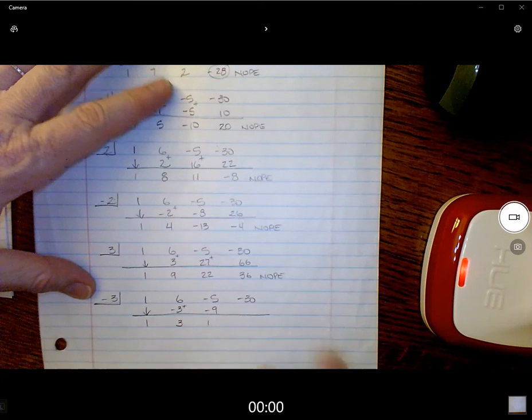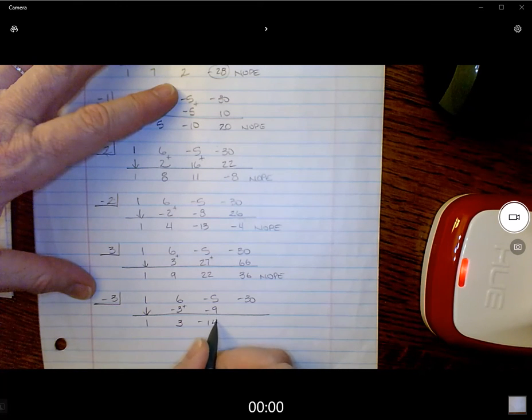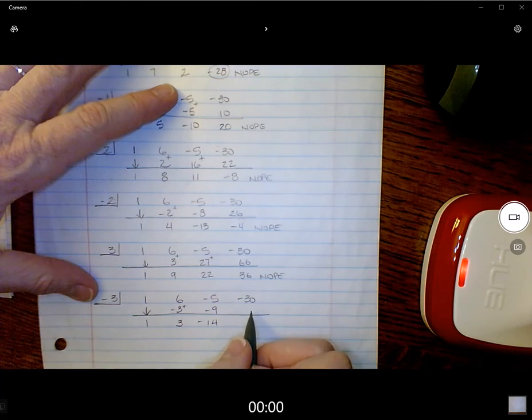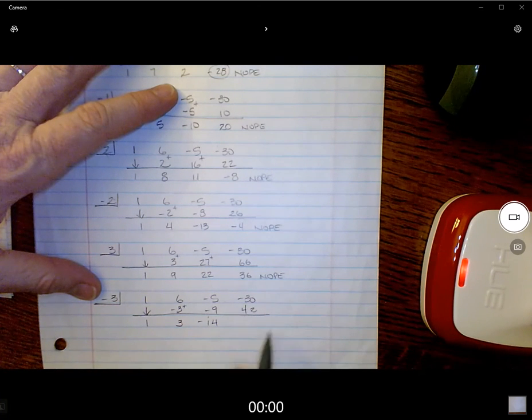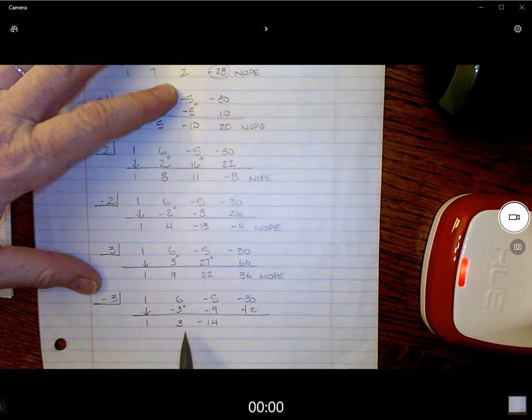So we're going to have minus 14. Negative 3 times negative 14 is, 2, 4, right? 42? Anyway, it's going to be positive 42. So we have 12. And again, that's not a 0.